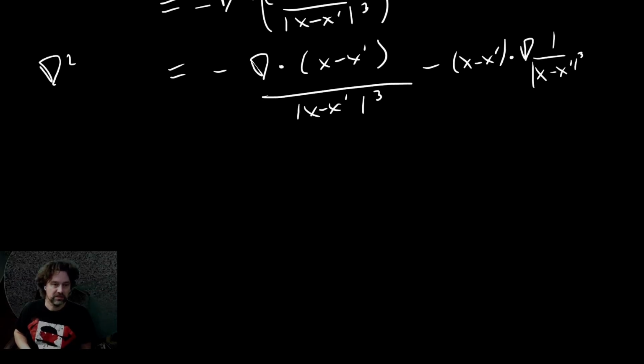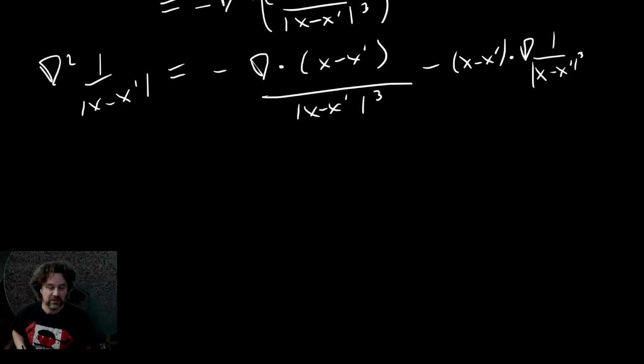This is del squared of 1 over |x minus x prime|. Grad dotted with x minus x prime is just going to be 3, because we're going to pick up a component for each x.